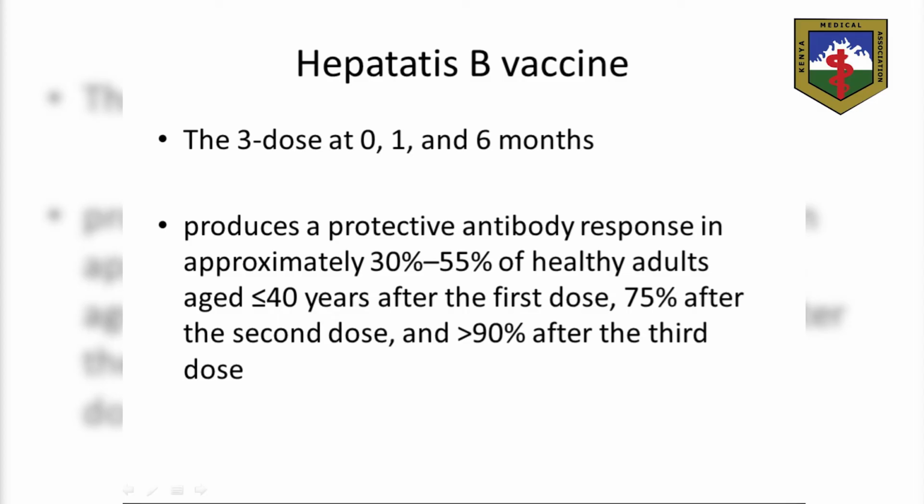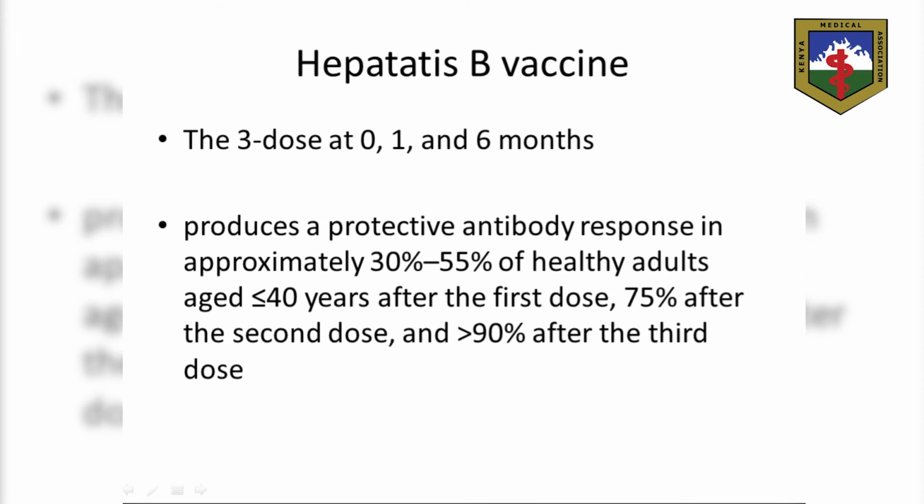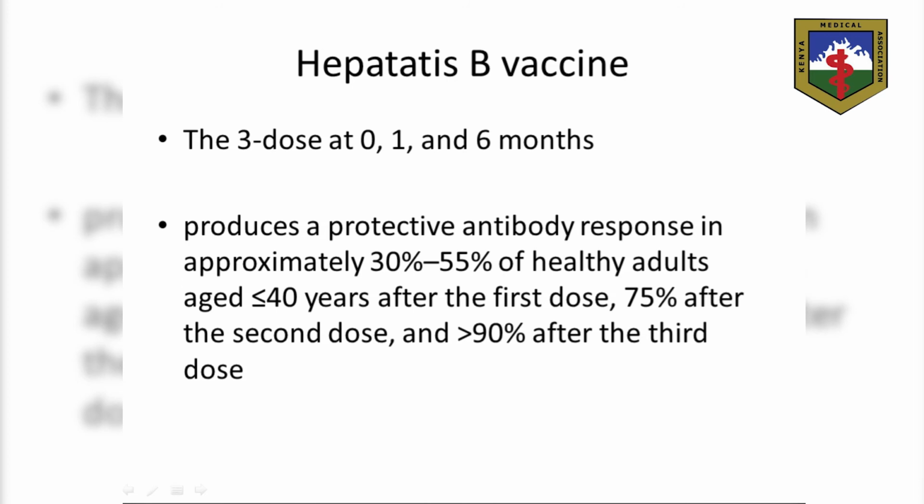This vaccine is given in 3 doses: at 0, then at an interval of 1 month, and 6 months. The doses are given at those intervals because they produce a booster and achieve maximum protection against hepatitis B. For example, the first dose gives a protection of 30 to 55%.